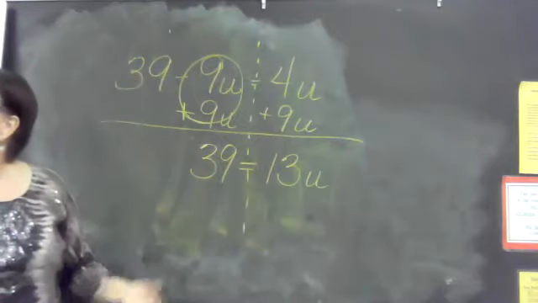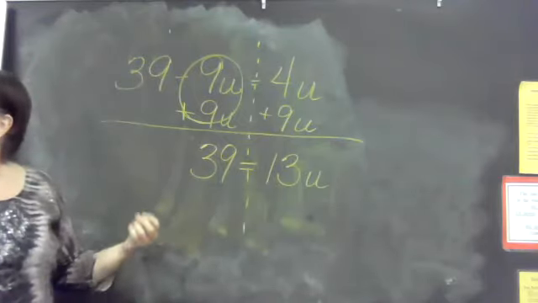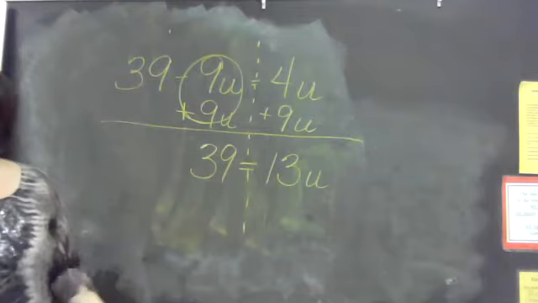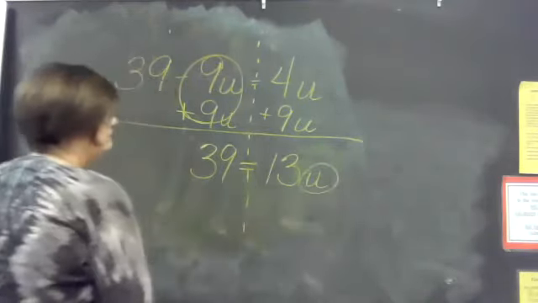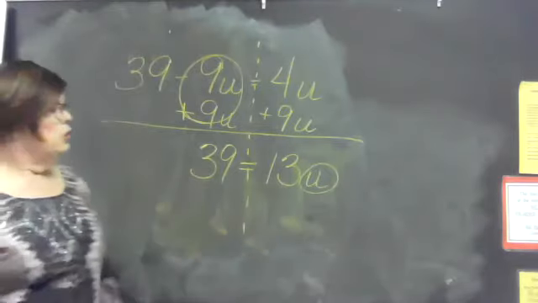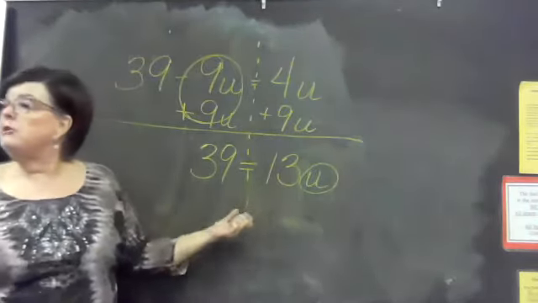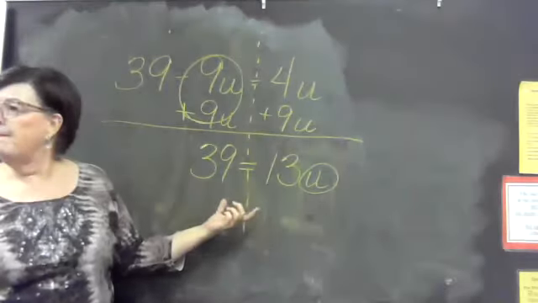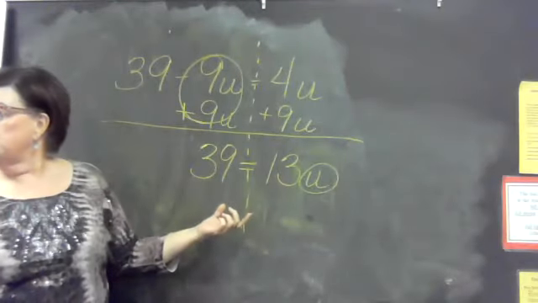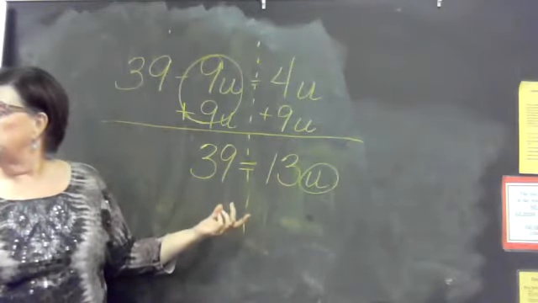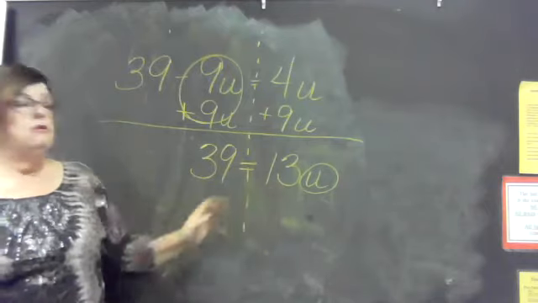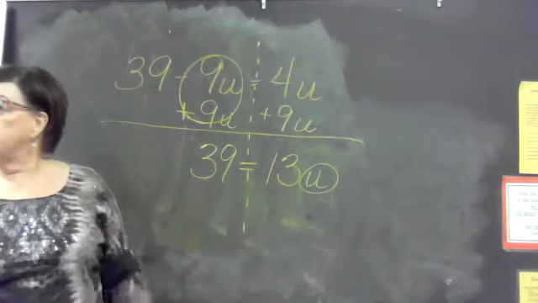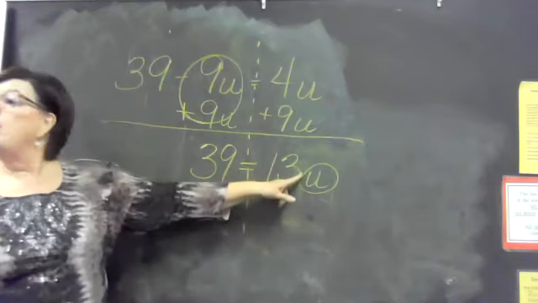Now I have accomplished what I wanted to. I have the u only in one place. Now I can circle it because it's only in one spot. Which tells me I'm not finished yet because the u isn't by itself, right? So what do I need to get rid of? 13. Get rid of the 13. How is it hooked? Multiply.